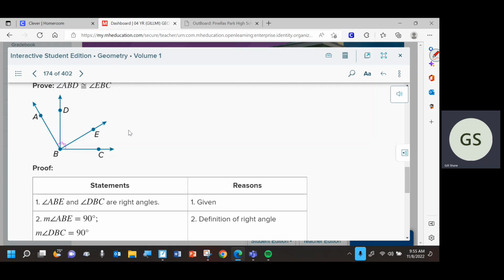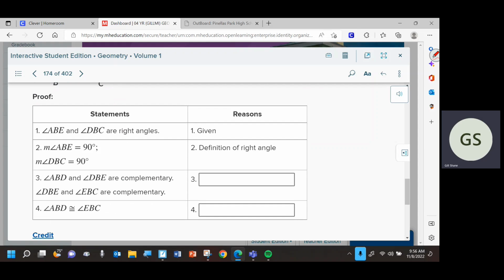You could say that they both have to add up to 90. You could use that complement theorem as well. I'm assuming they're using the complement theorem, but let me make sure. Yeah, complement theorem for 3. So that would be your reason for 3.